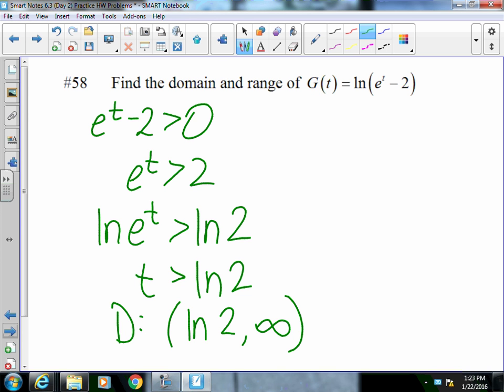Domain was only changed left and right. It wasn't changed up and down. Even if it were changed up or down, it doesn't matter because our range is all real numbers, because the natural log goes from negative infinity to infinity when we're talking about y values.